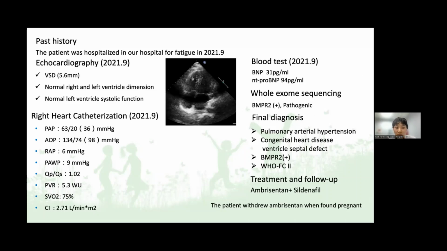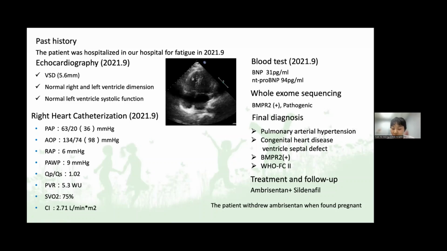And we think that the VSD can't explain her elevated pulmonary artery pressure, so the patient received whole exome sequencing and was found to have a BMPR2 mutation that is pathogenic.